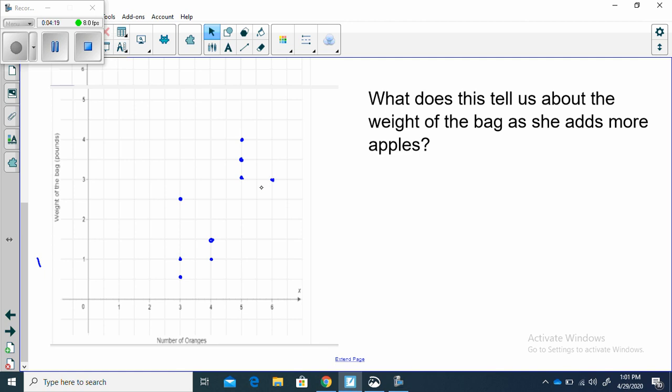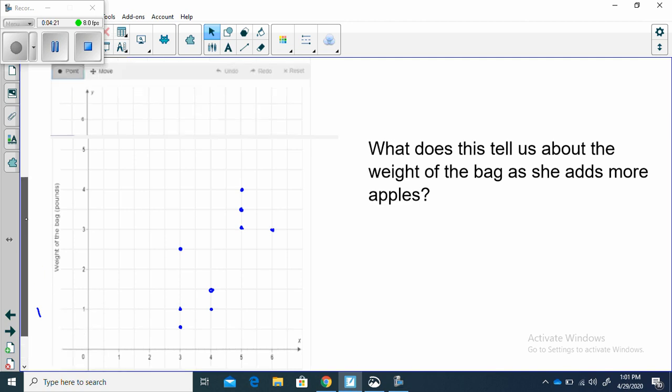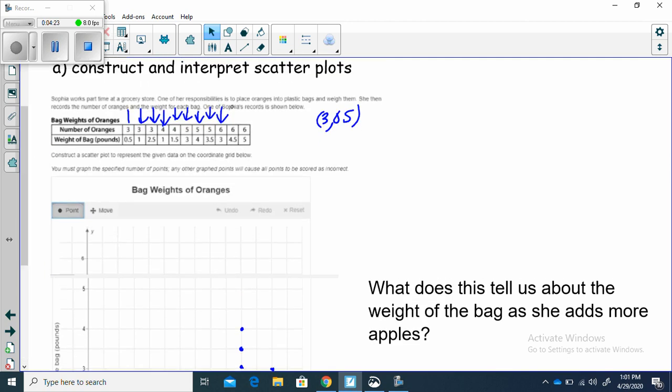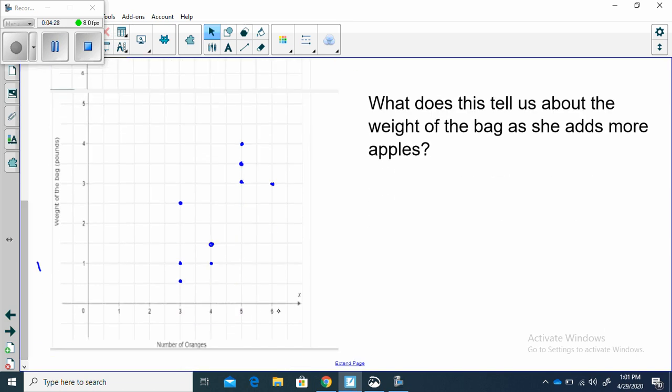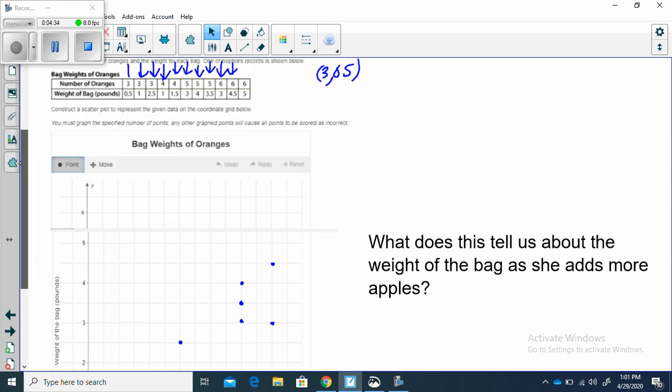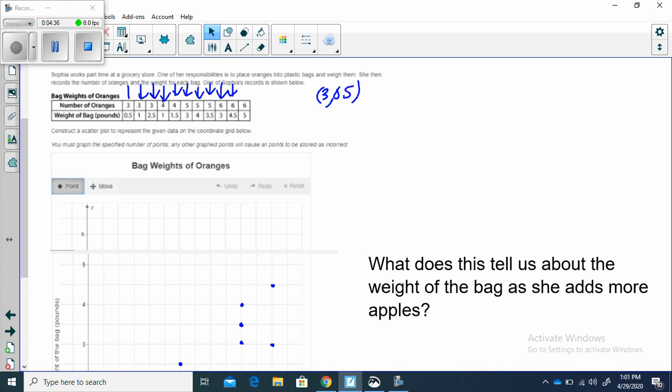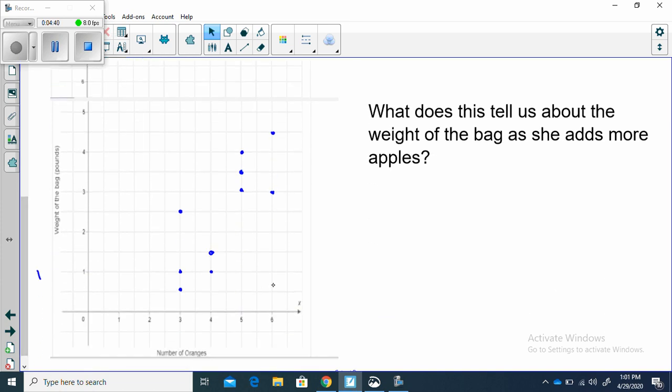Right there. 6 oranges, 4.5 pounds. And then 6 oranges, 5 pounds. Now we plotted our data.